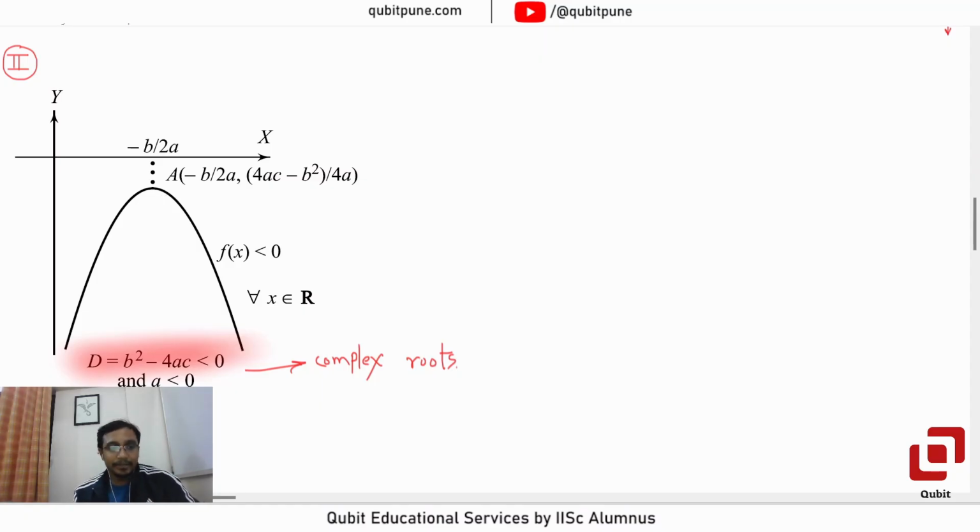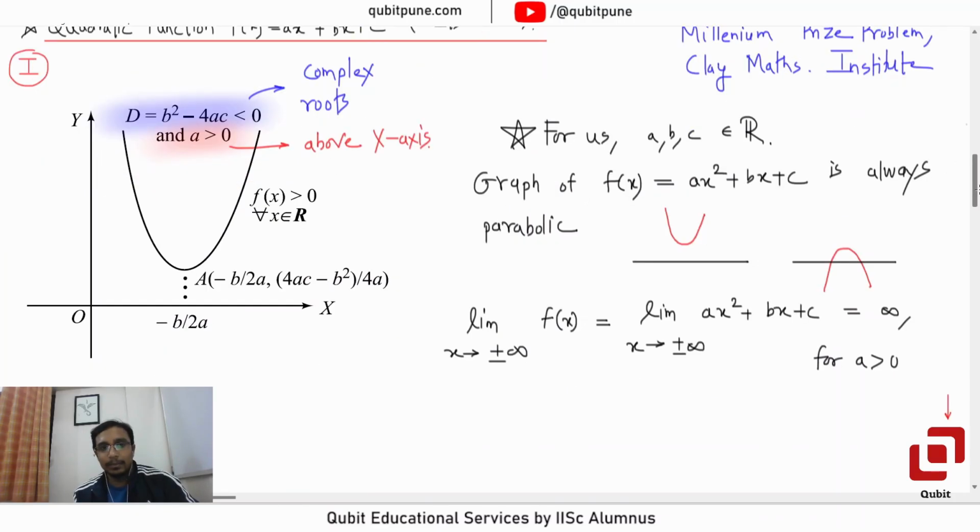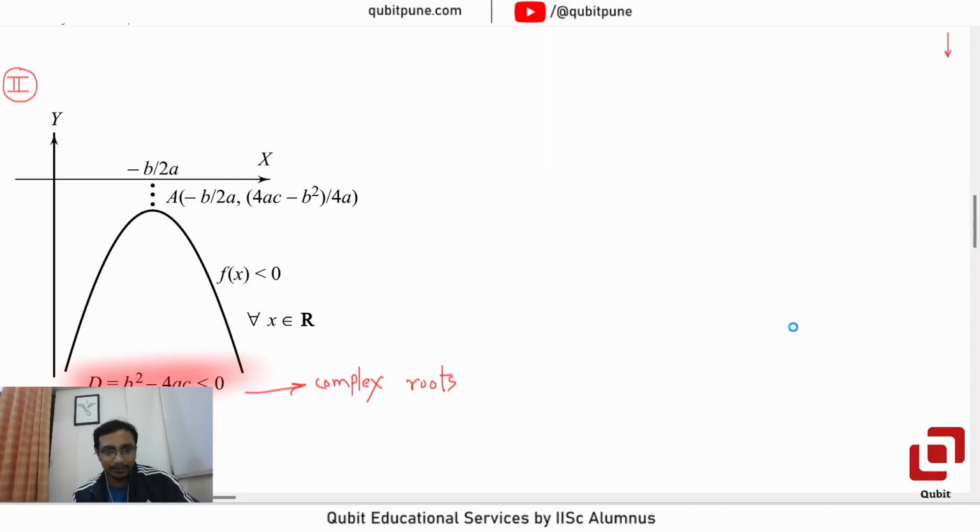Okay, fine. For a greater than 0, it was above the x-axis. Now for a less than 0, it is below the x-axis. Sorry, I just changed the color scheme. Let me be more consistent. So complex roots here, and this is going to be below the x-axis.